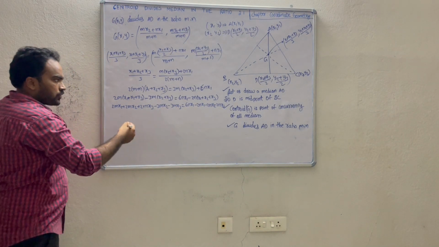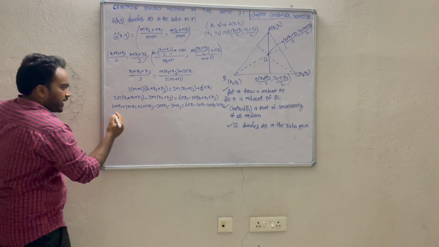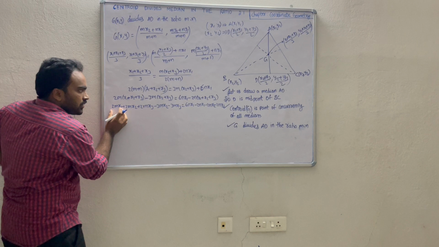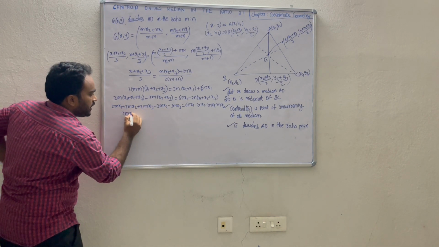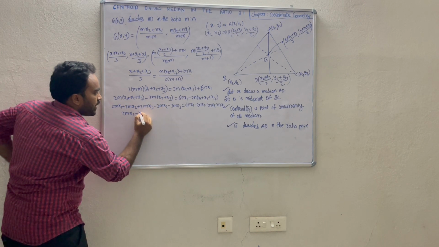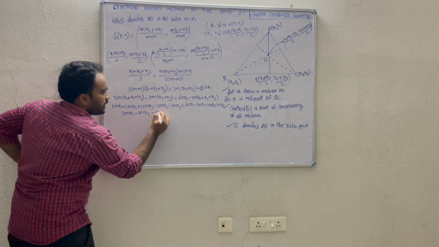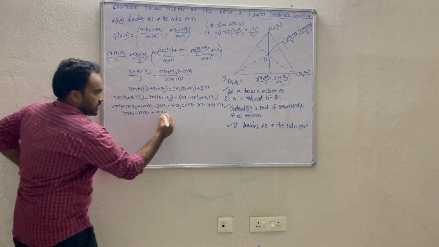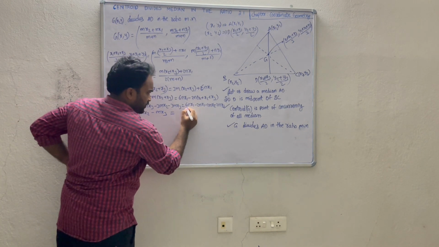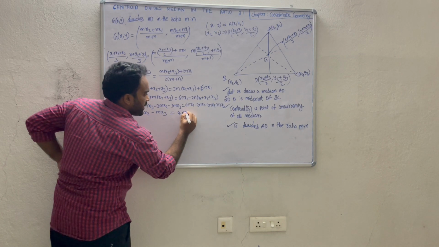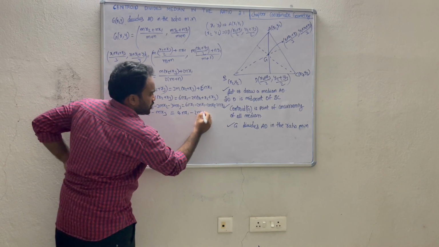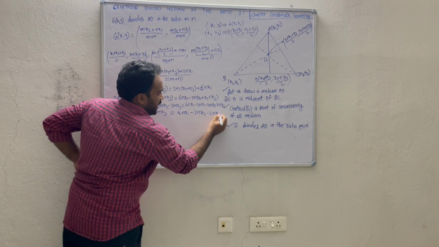If we solve the equations on both sides, we get it like this. 2m x1 has no change because there is no like term here. 2m x2 minus 3m x2 is minus m x2, and this will be minus m x3. That is equal to 6n x1 minus 2n x1, like terms, which gives 4n x1 minus 2n x2 minus 2n x3.